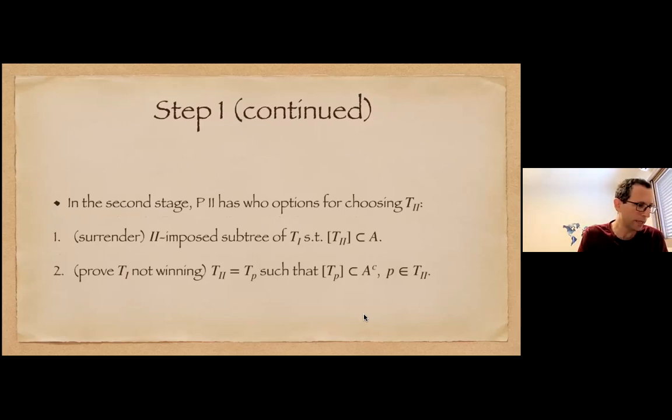If player 2 surrenders, then we know that the play will end up in A. And if player 2 does not surrender, then player 2 chooses TP, and from that moment on, all the moves must stay in TP, and all the plays in TP are in the complement of A. So after knowing whether player 1 chose to surrender or to prove that T1 is not winning, we already know that we're done.